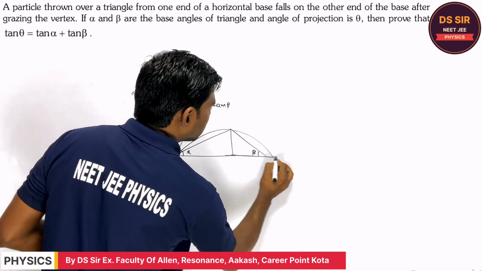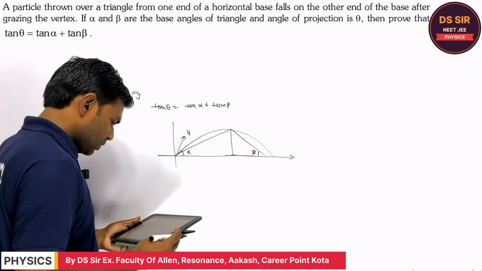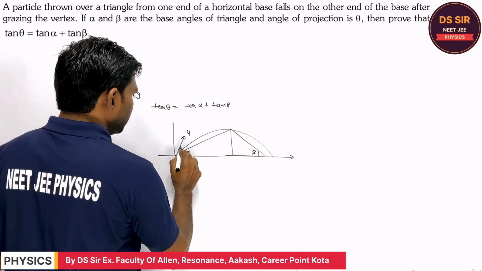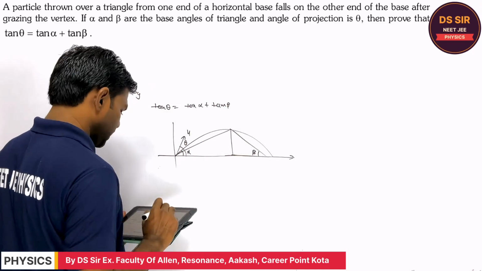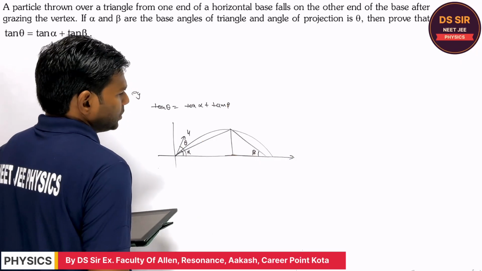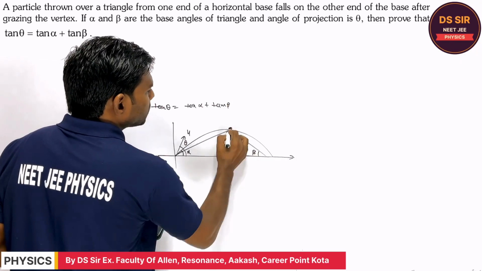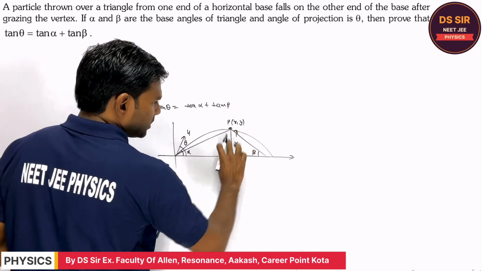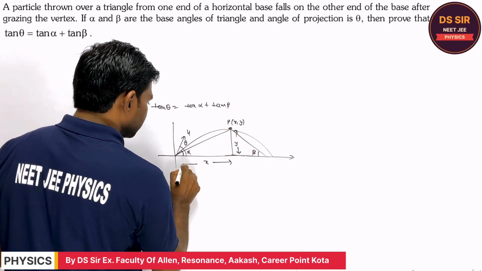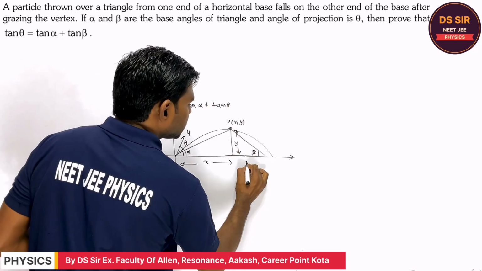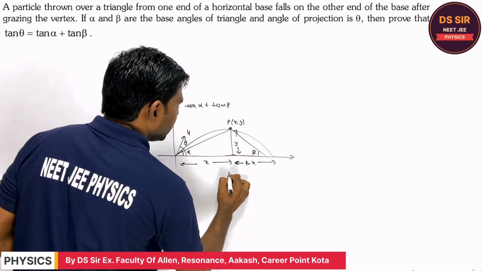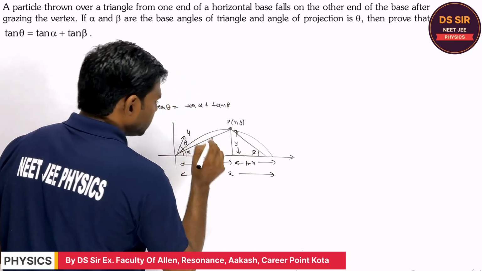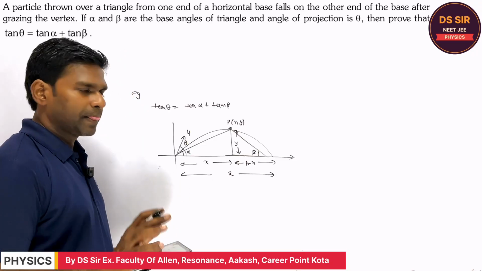Is it clear or not? Getting? So this is alpha, and this is theta, the angle of projection. Fine. So I will assume this point to be x and y. This is the y coordinate, this is the x. And this distance is, suppose, R minus x, if this is the capital R. Are you getting?